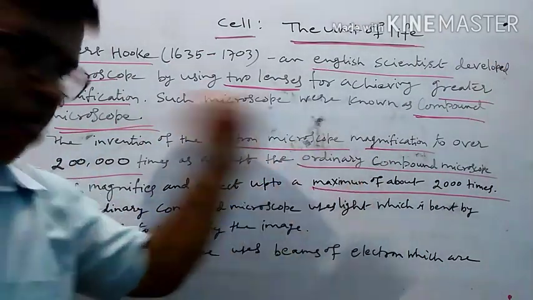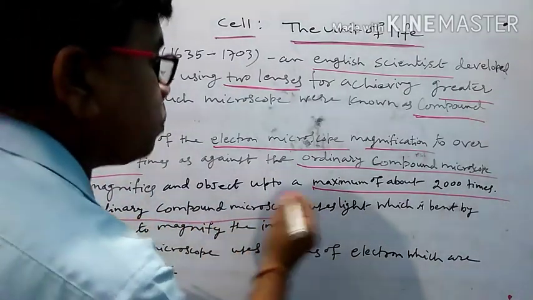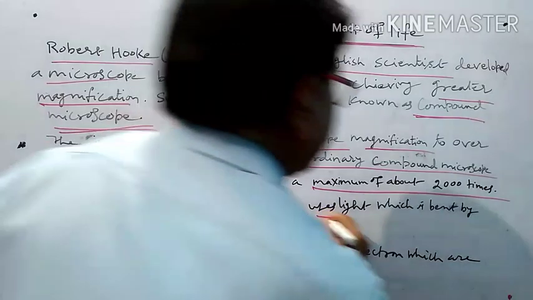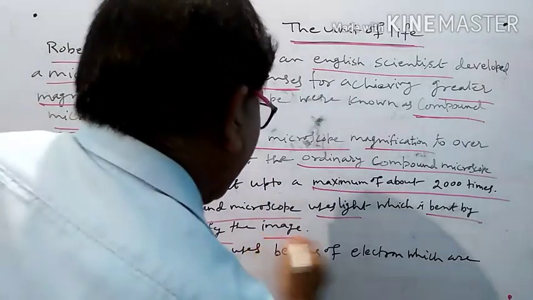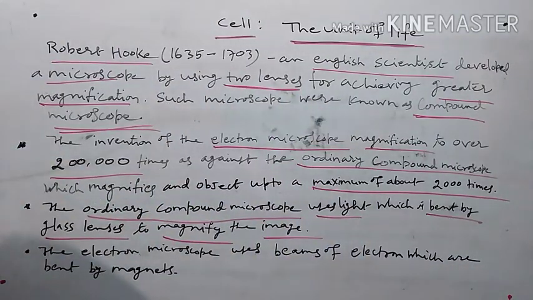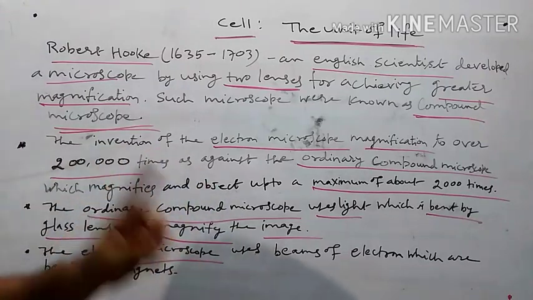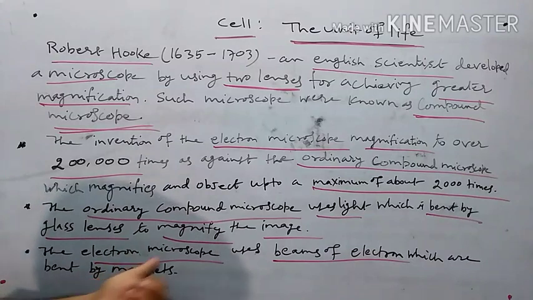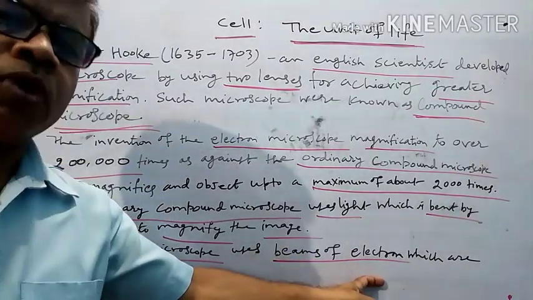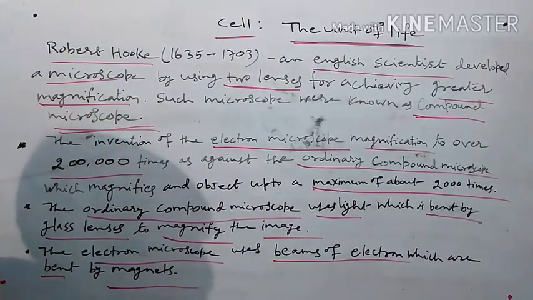The ordinary compound microscope uses light, which is bent by glass lenses to magnify the image, and the electron microscope uses beams of electrons, which are bent by magnets.